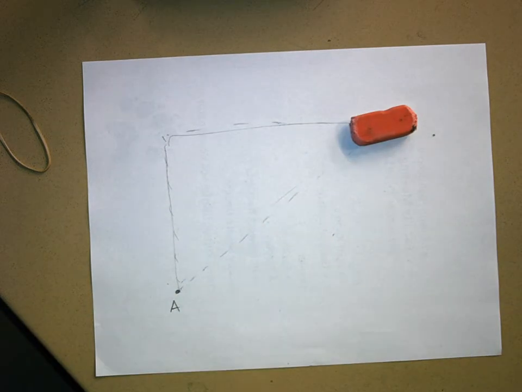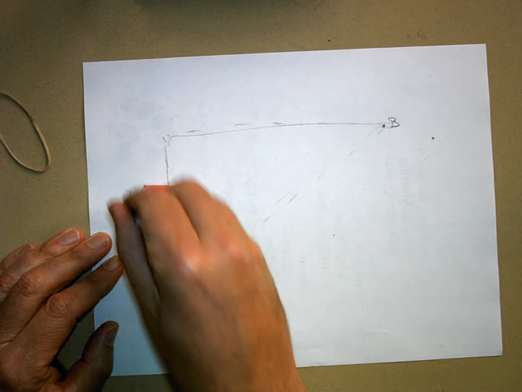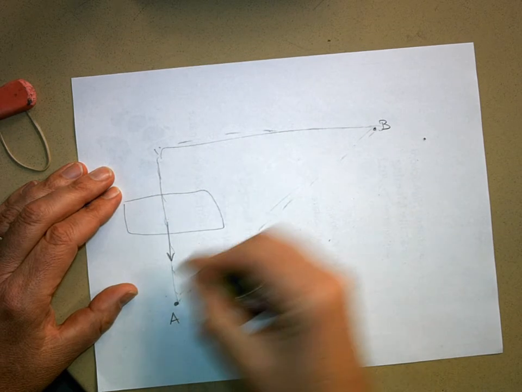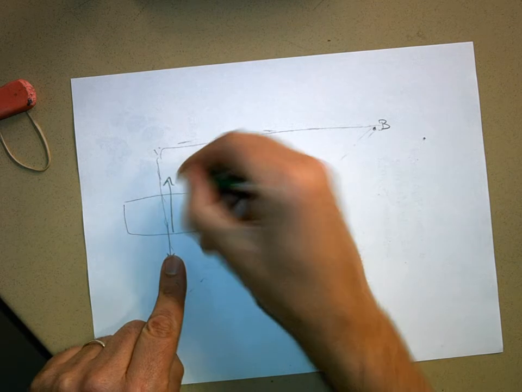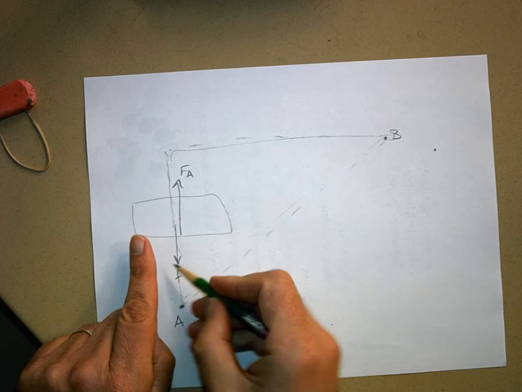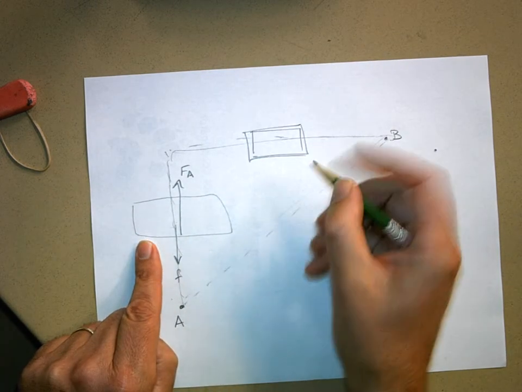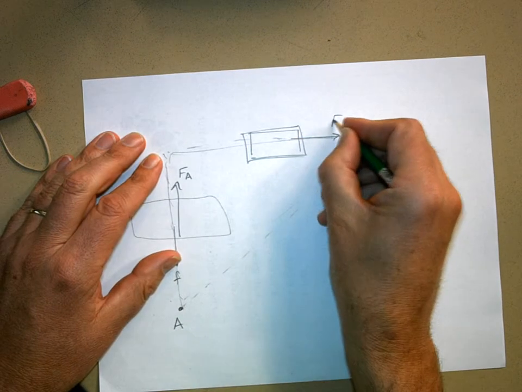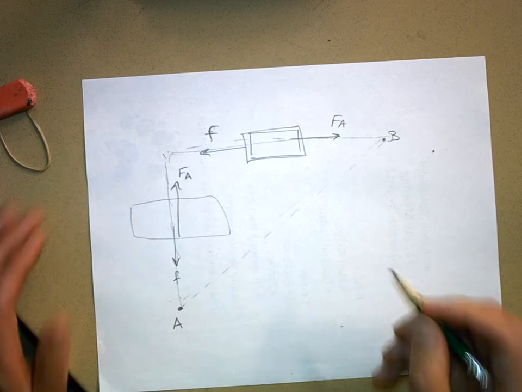Now, the reason for that is, if the eraser's right here, and I draw a little free body diagram of it, here's the force of friction, and if I'm pushing like this, here's my applied force. Well, when I wanted to turn this corner, my eraser's like this now. Now my applied force is pushing like this, and my force of friction is in that direction.